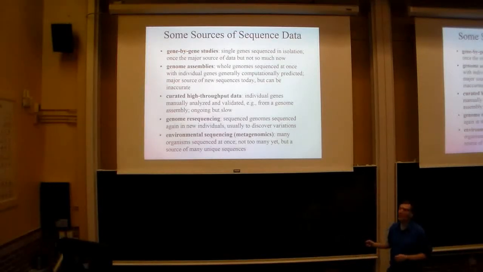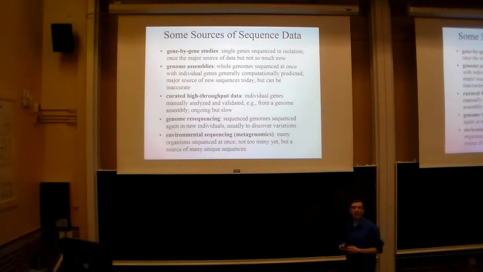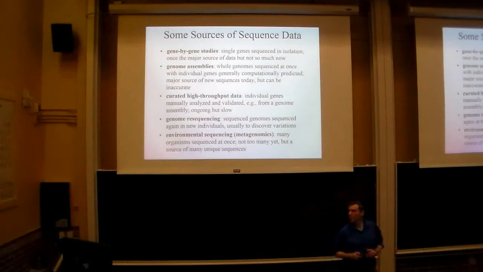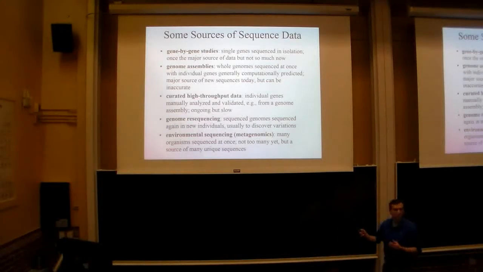That's not done so much anymore, and much more often today, what's ending up in the database is coming from much larger sequencing projects. Potentially looking at whole genomes, maybe many genomes at once, whole transcriptomes, or more complicated kinds of specialized sets of information, but generally much larger amounts of information.